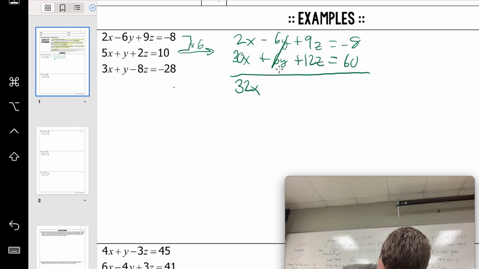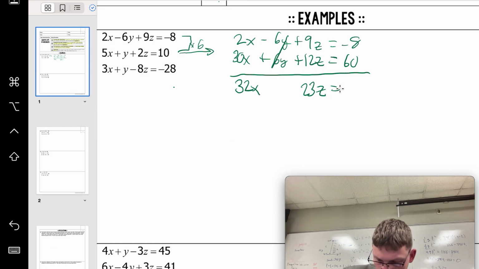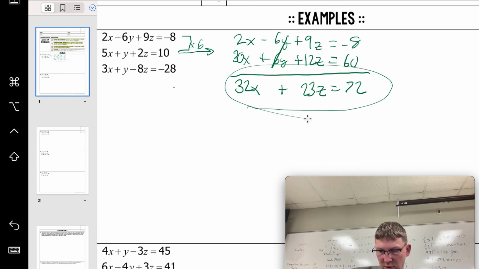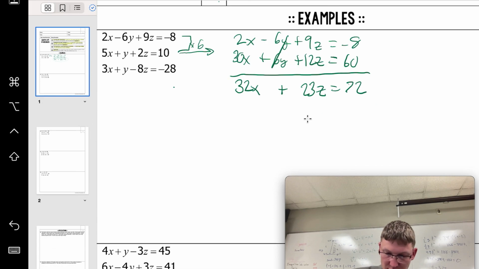And then 23z. And we're going to add those together. So -8 plus 60, 72. So that is our new equation. So that's one of them.